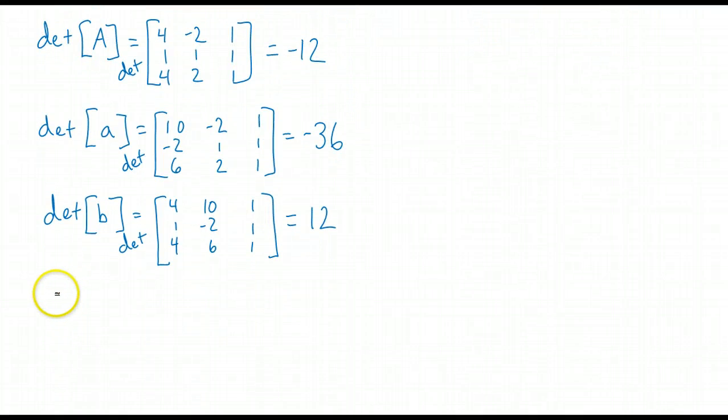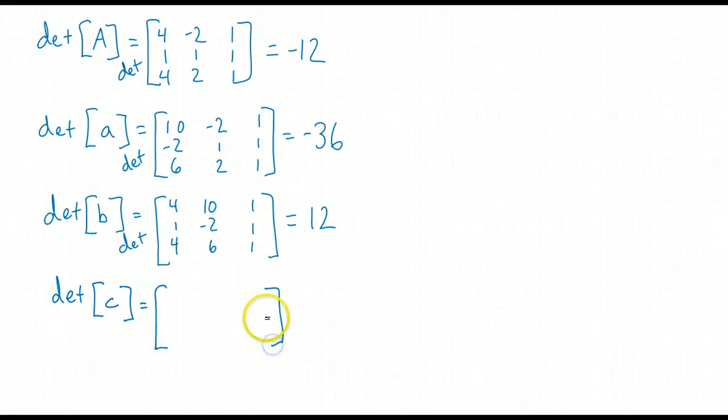Finally, I need to set up my z matrix. In this case, I don't have any z variables, but I do have c variables. So I'm going to set up my c matrix by replacing my c column with my column of answers, 10, -2, and 6. And then I'm going to keep my a and my b column the same. And then I need to find the determinant of that matrix.